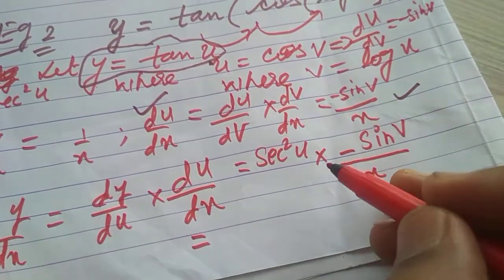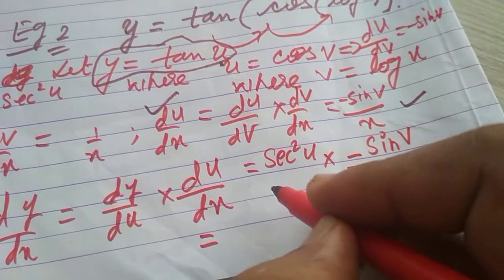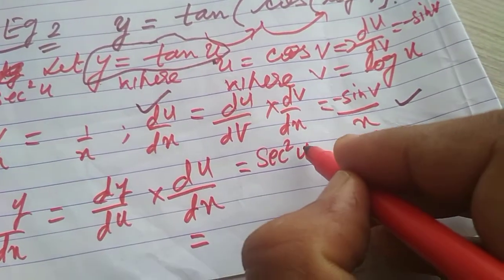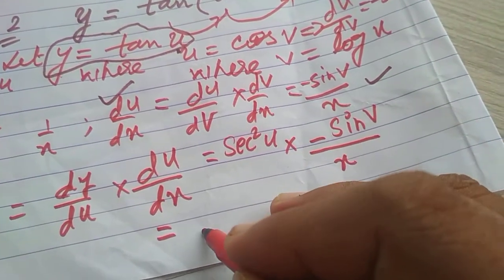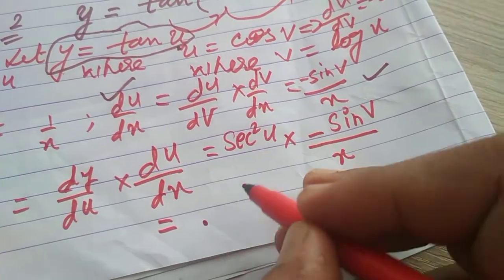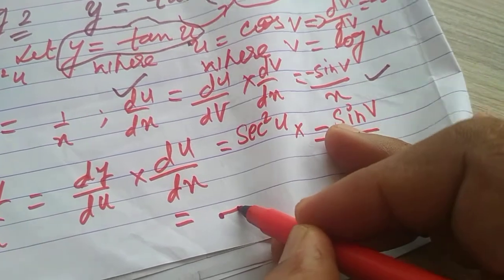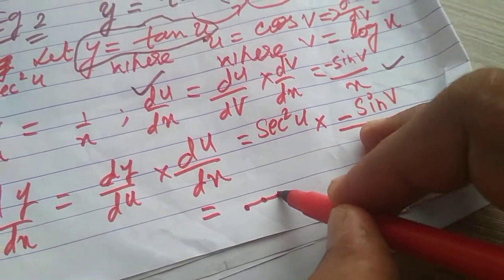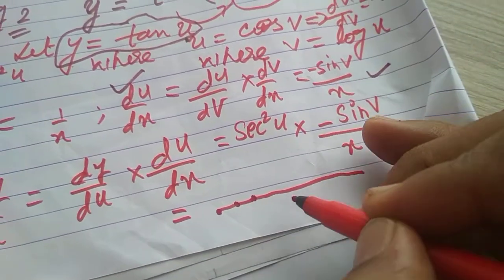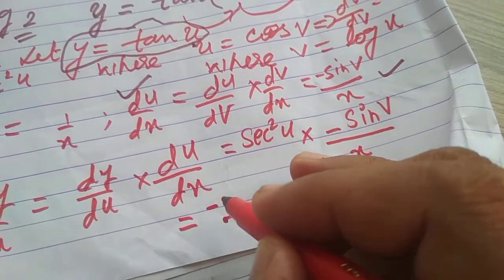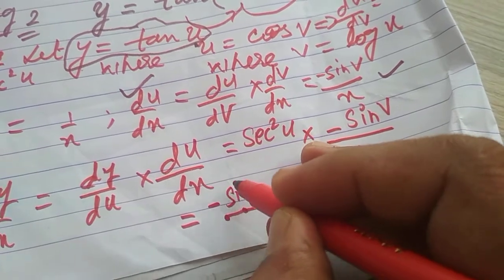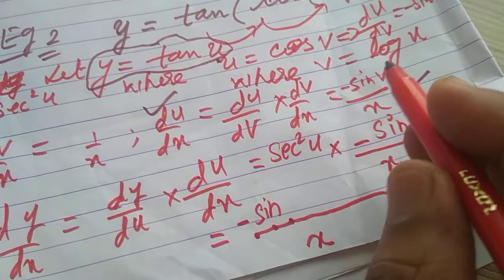So I have to just substitute the values of all these introduced variables u and v. I will write x in the denominator first of all, and sec square u. This minus sign can be brought in front. Sine v. What is v? V is nothing but log x.